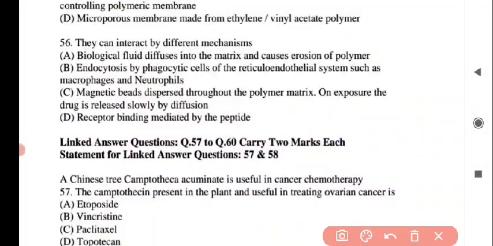The next question is, they can interact by different mechanisms. So this question is linked to the previous question, and the correct answer for this question is option number B, that is endocytosis by phagocytic cells of the reticuloendothelial system such as macrophages and neutrophils.